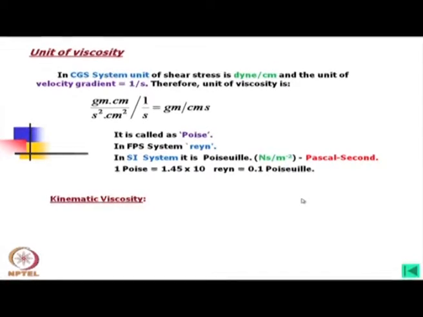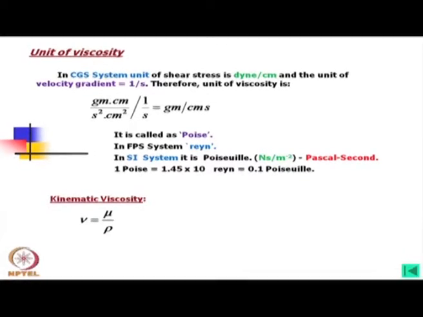Now, kinematic viscosity. Although when we say viscosity we normally mean dynamic viscosity, and in almost all calculations you will find that viscosity is being used, not the kinematic viscosity. However, the kinematic viscosity is nothing but the dynamic viscosity divided by the density.